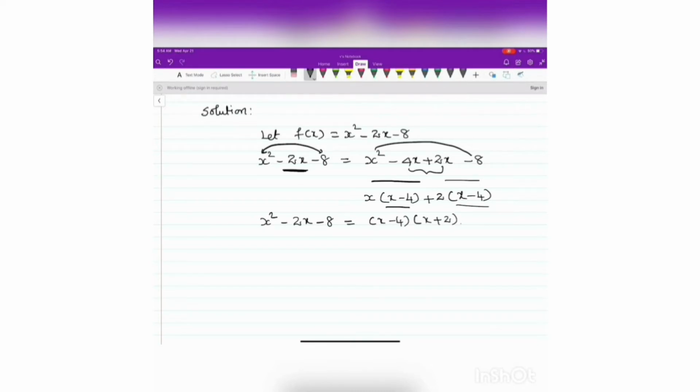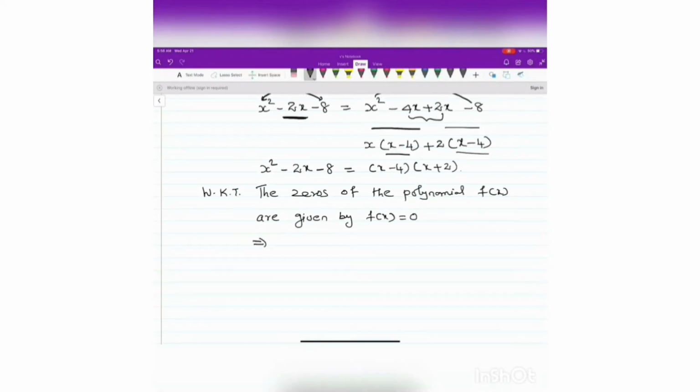And you know that the zeros of f of x are given by f of x is equal to 0. Already we learnt this in yesterday's class. It's a very important statement. We know that the zeros of the polynomial f of x are given by f of x is equal to 0.